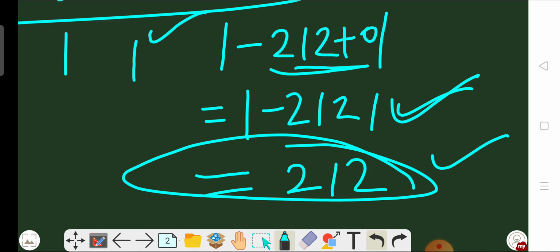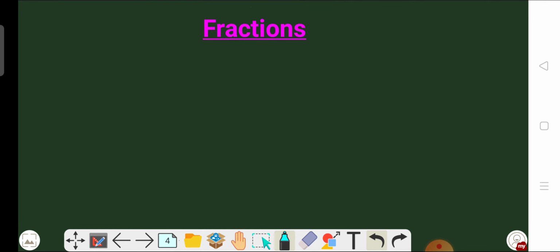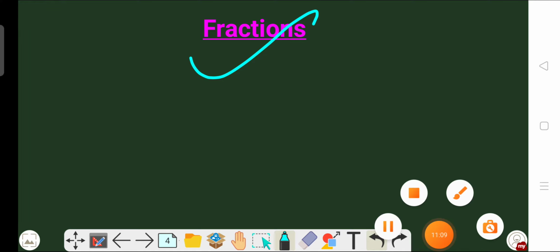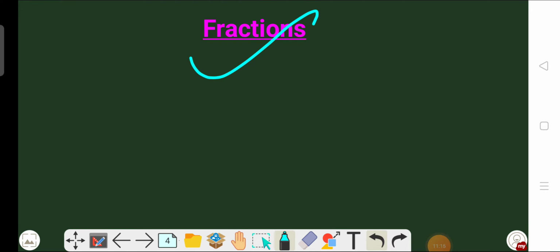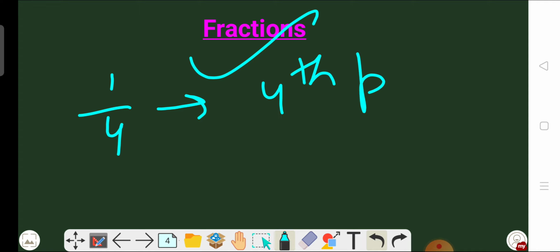Clear? Now we will move on to chapter number 2, that is fractions. Okay. Fractions are parts of a given number, beta. For example, 1 by 4. This is the fourth part of 1.